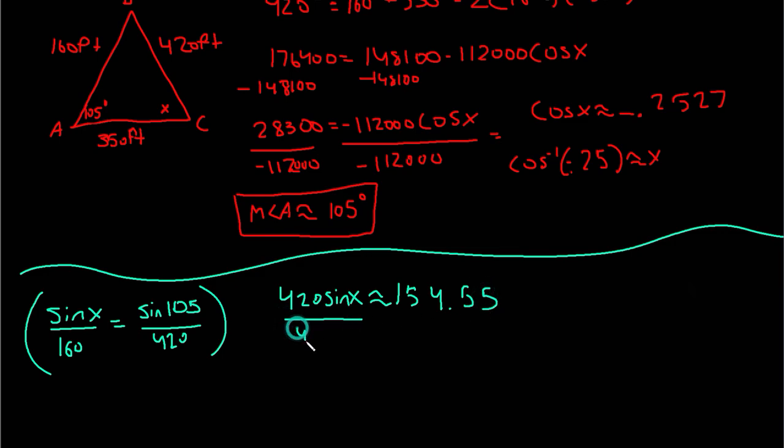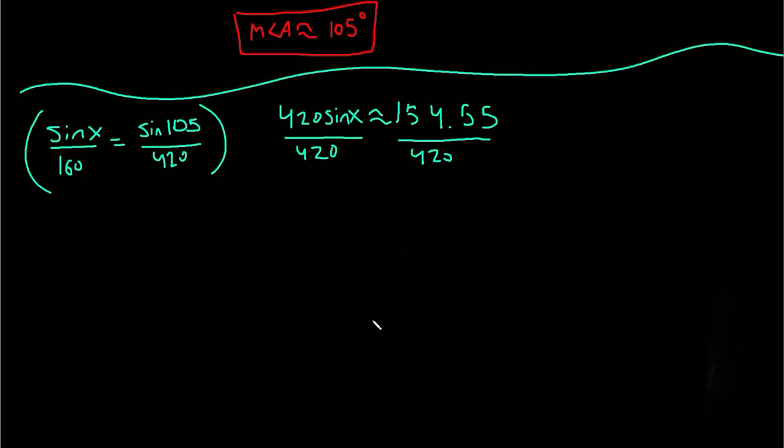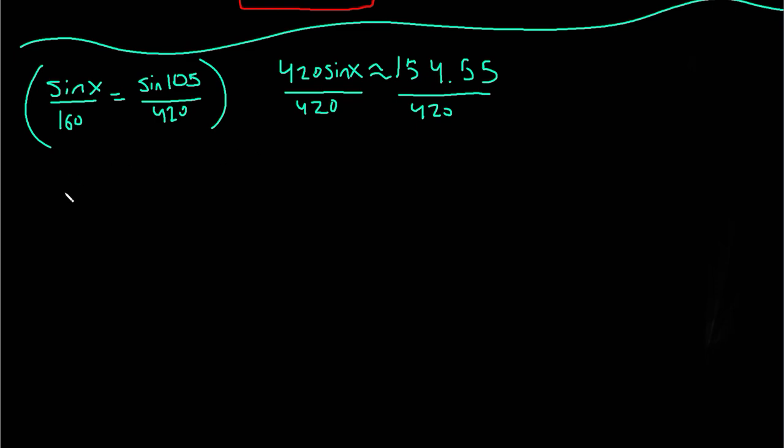And we're going to divide each side by 420 in order to get sine of x. Then we have that the sine of x is roughly equal to 0.368.